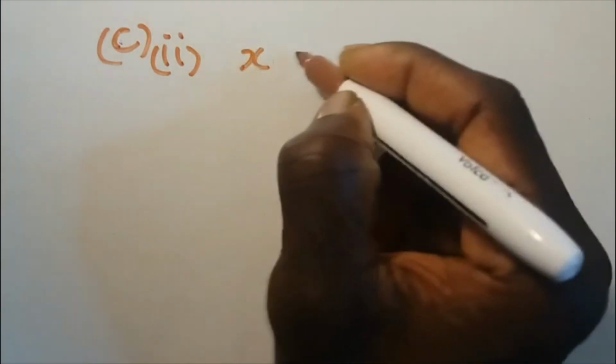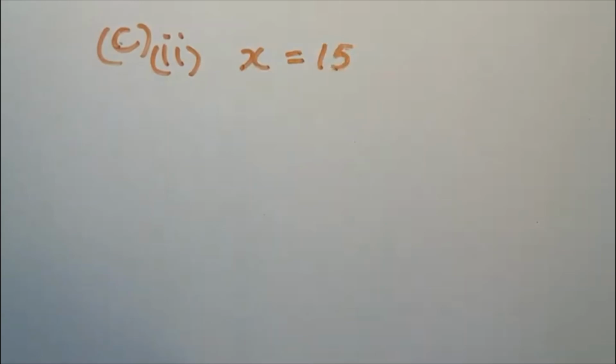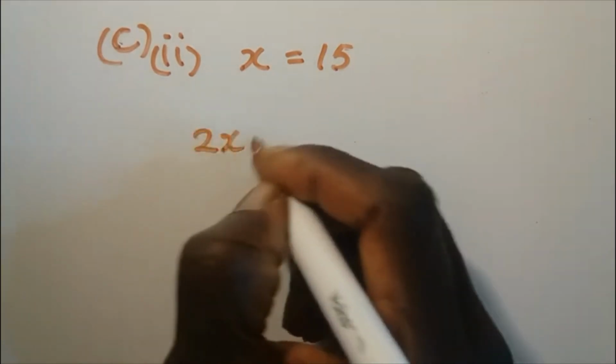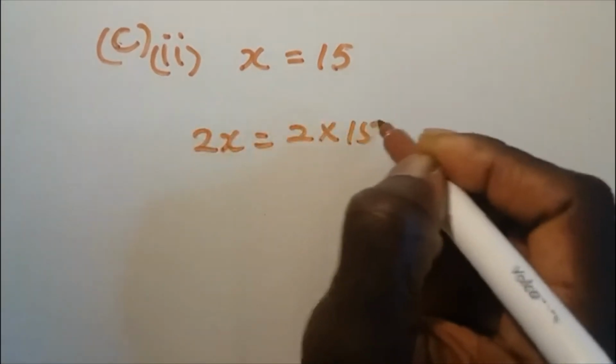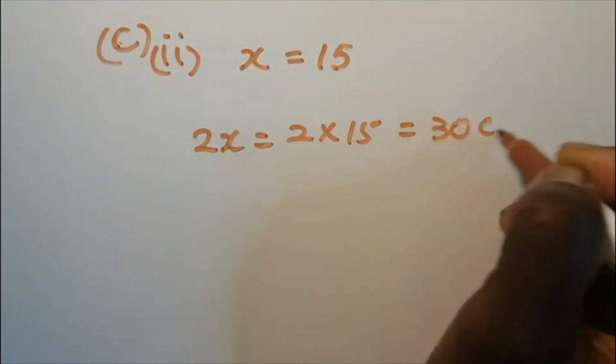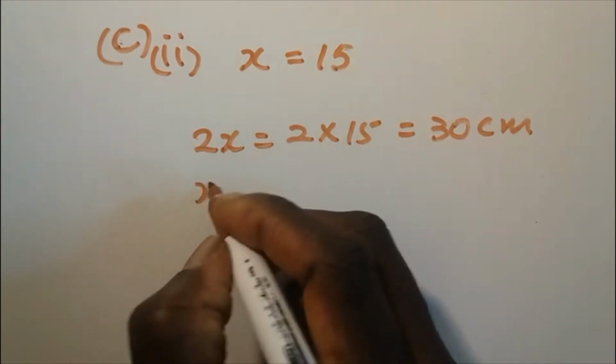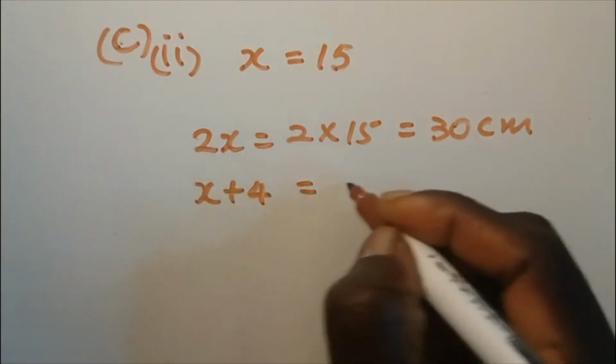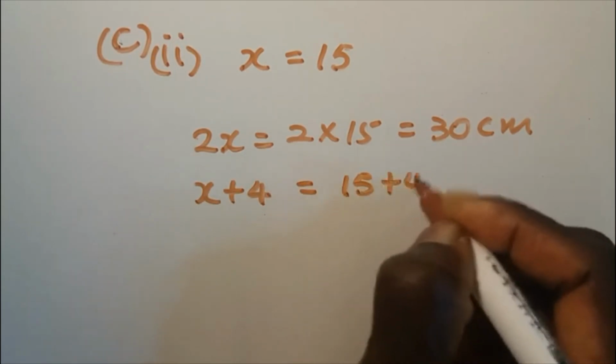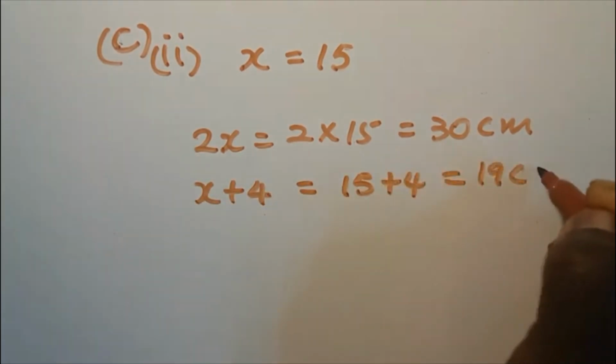In 2I of part C, we also write down the external dimensions of the box. But now we know that x equal to 15 is a valid solution. We can now substitute for x in the dimensions. So 2x is equal to 2 times 15, which is equal to 30 centimeters. X add 4 will be equal to 15 add 4 is equal to 19 centimeters.